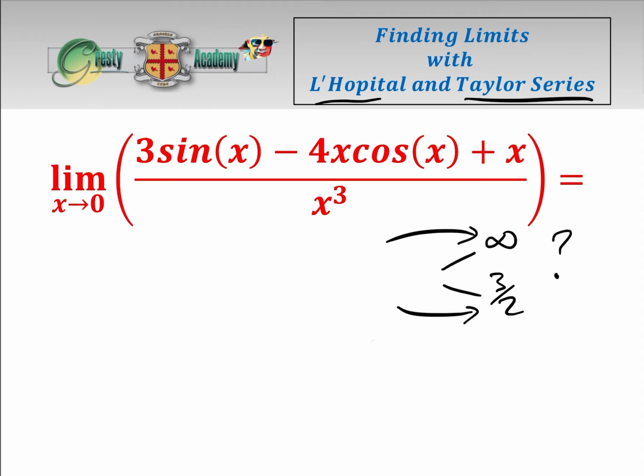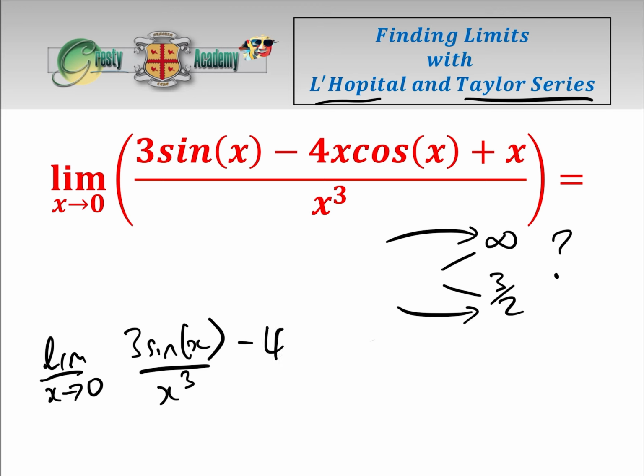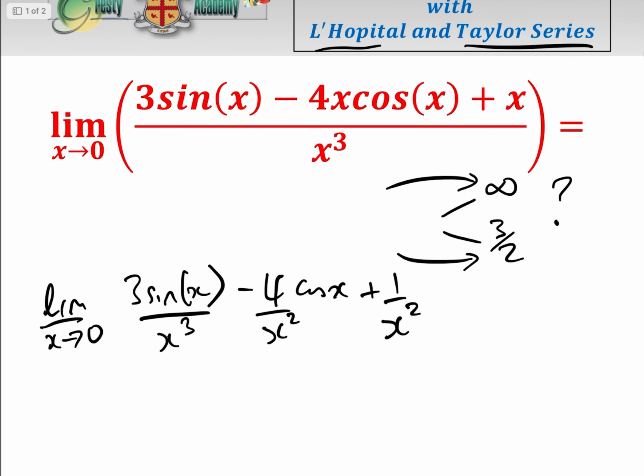Okay, so we would say, the limit as x approaches 0 of 3 sine x over x cubed minus 4 over x squared cos x add 1 over x squared. We can say that there's nothing wrong with that so far. And then let's have a look at 3 sine x over x cubed first.